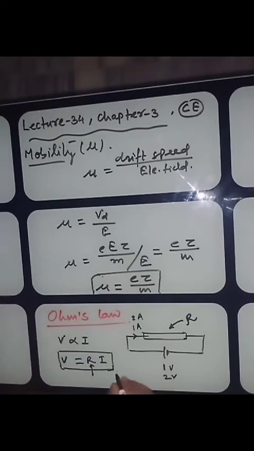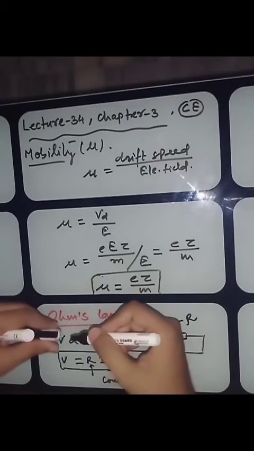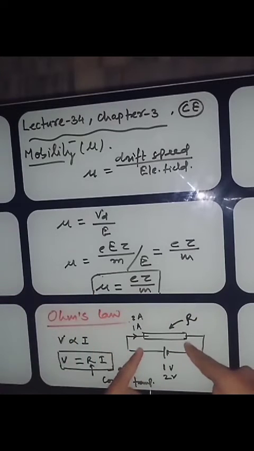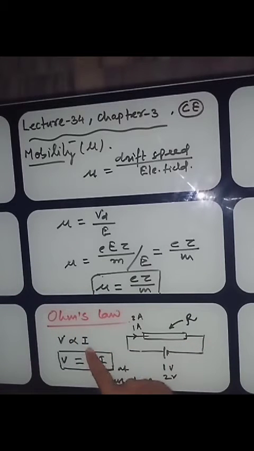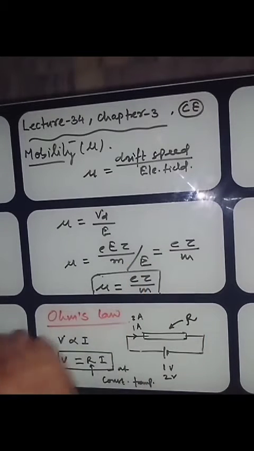So, at constant temperature, if you are writing the law in words: the voltage applied across any ohmic conductor is directly proportional to the current developed across the conductor, at constant temperature, for an ohmic conductor, my dear student.